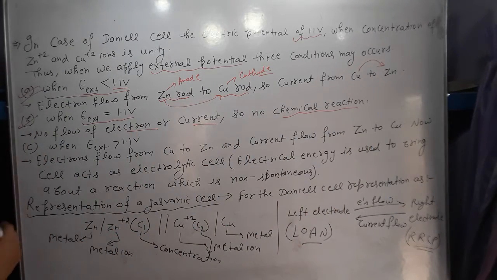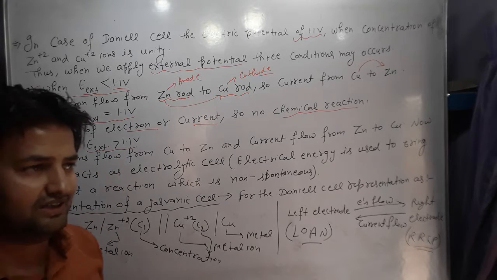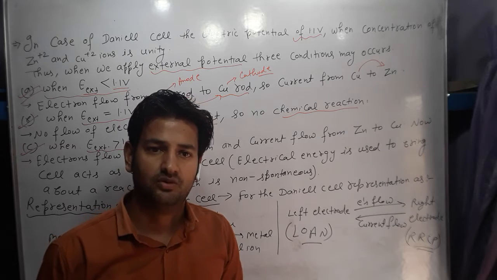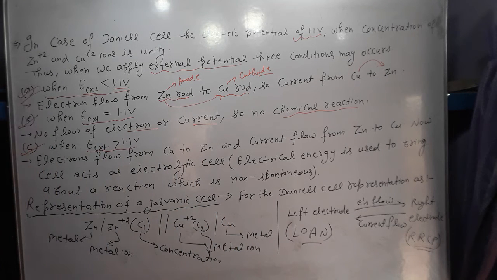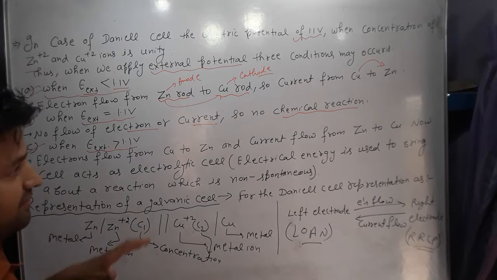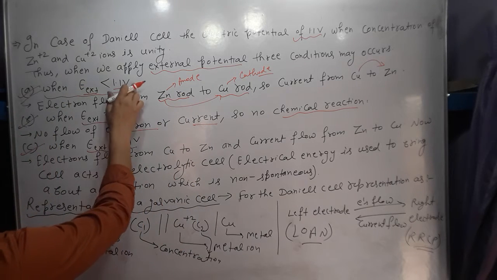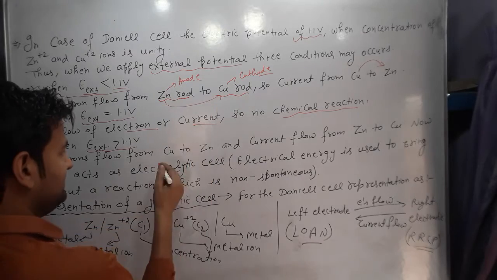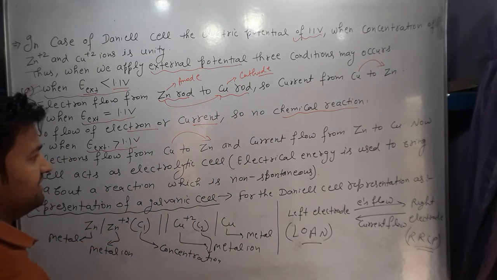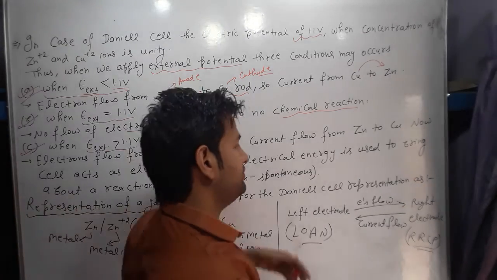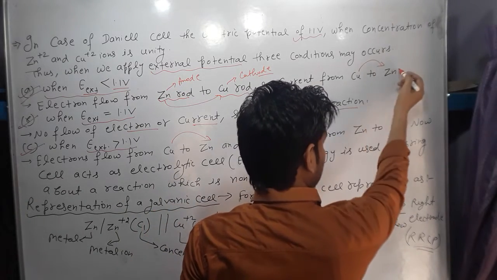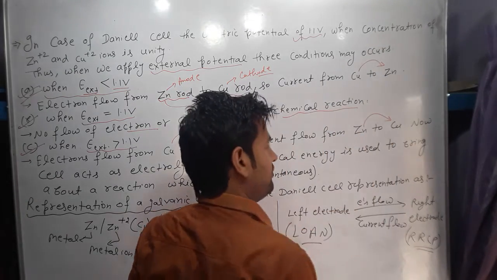In the third case, when the external potential is greater than the potential of the cell, the electrons flow in the opposite direction. In the first case, electrons flow from zinc to copper and current flows from copper to zinc; in this case, electrons flow from copper to zinc and current flows from zinc to copper.